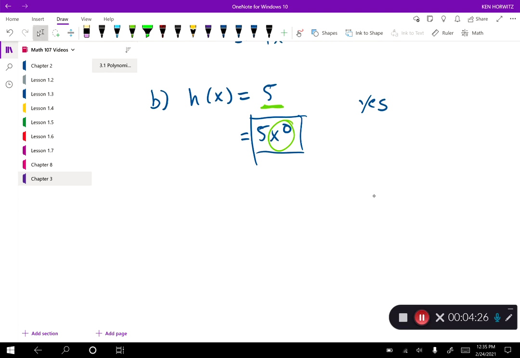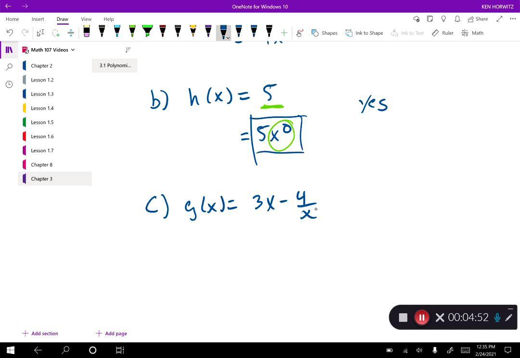All right. Now I'm going to give you one more. All right. So how about this? The question is, does it fit the definition? Does each one of these monomials have a coefficient, a variable, and a non-negative integer exponent?